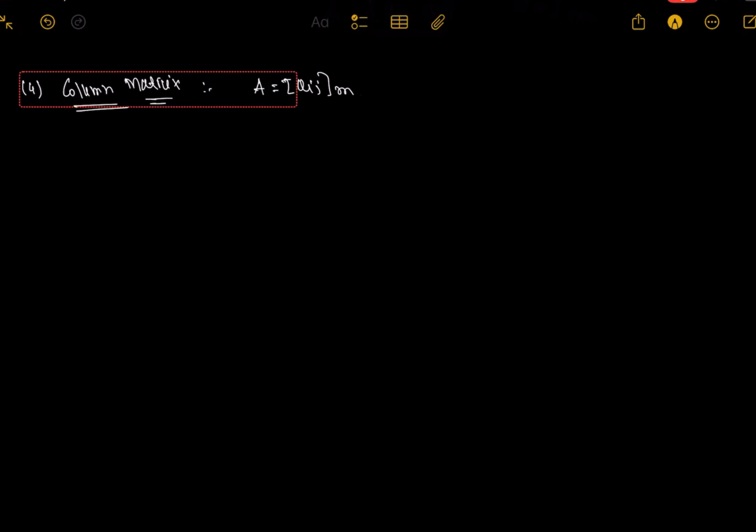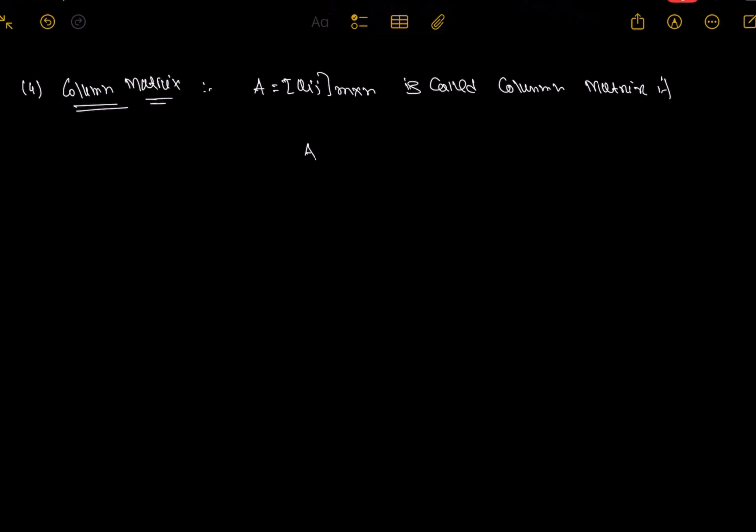And on the next slide we discuss the column matrix. What is the column matrix? Let a matrix A equals Aij m cross n be called a column matrix if n equals 1.